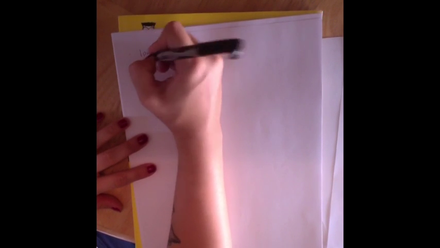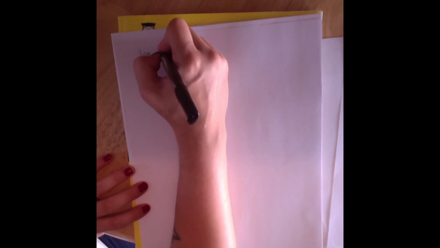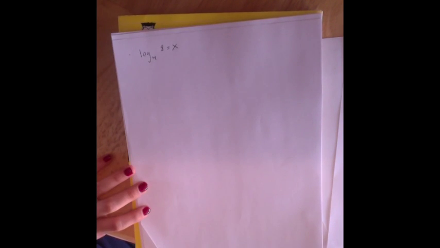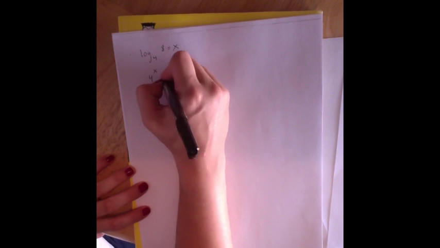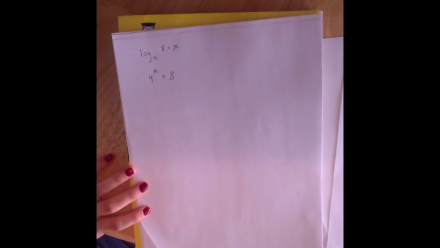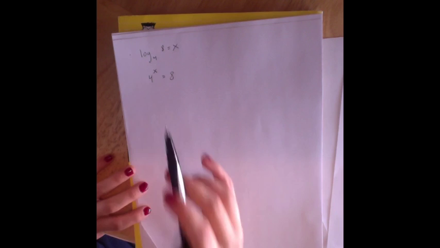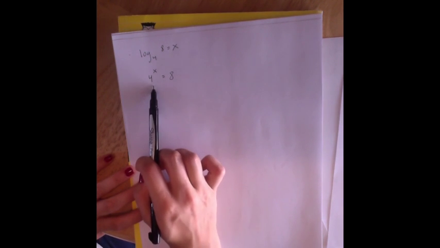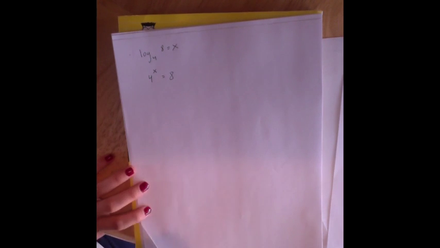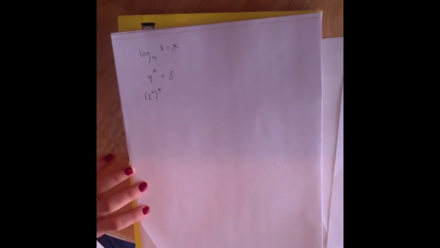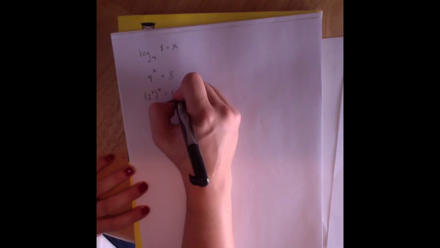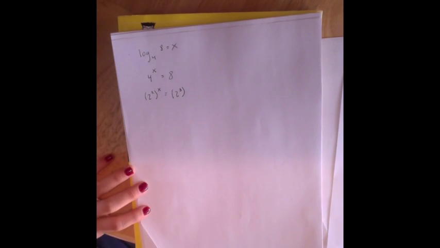All right, let's do another example. We want to solve the log base 4 of 8 equals x. So we say 4 to the x equals 8. Now, here you're thinking there's no way that 4 can be 8, but let's rewrite 4 as 2 squared, and let's rewrite 8 as 2 cubed.